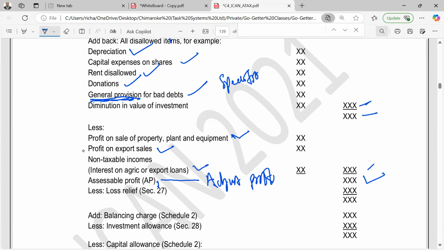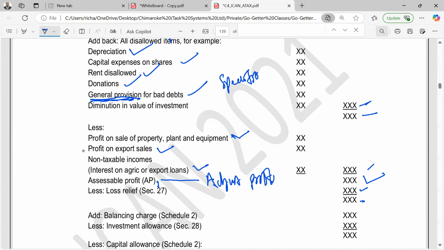Now, we will need to bring our loss before capital allowance. So, section 27 says loss relief is going to be done. Now, when you remove the loss relief, you are getting this balance.